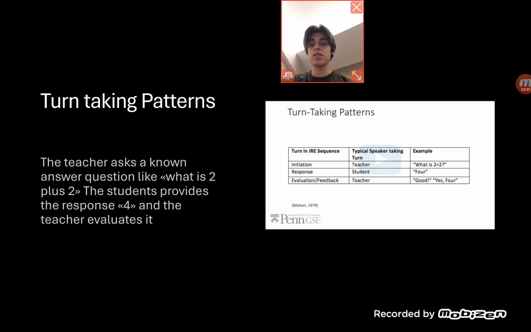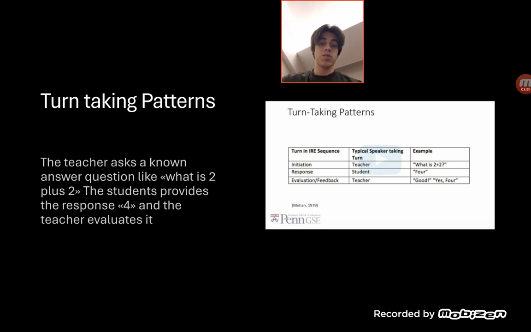Turn taking patterns. Here the teacher asks a known answer question like what is 2 plus 2, and the student provides the response 4, and the teacher evaluates it. This is also called the IRE sequence because it has three components. Initiation: here the teacher asks the question, what is 2 plus 2.